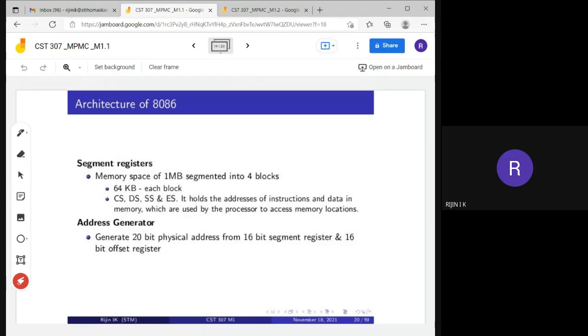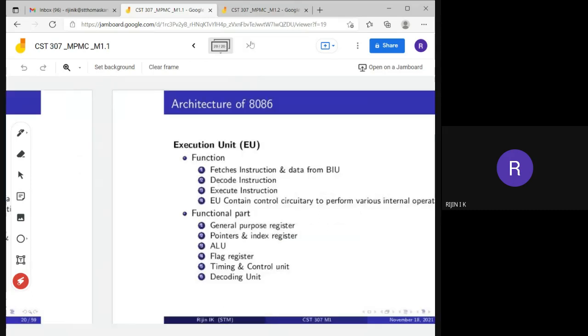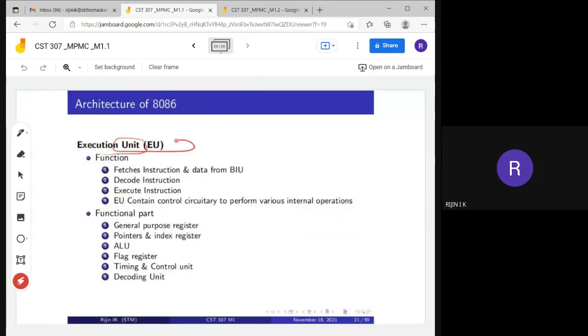Then there is an address generator, which is used to generate a 20-bit physical address from a 16-bit segment register and a 16-bit offset. Then the execution unit. The main important functions of the execution unit are to fetch instructions and data from the bus interface unit, decode the instruction, and execute the instruction.